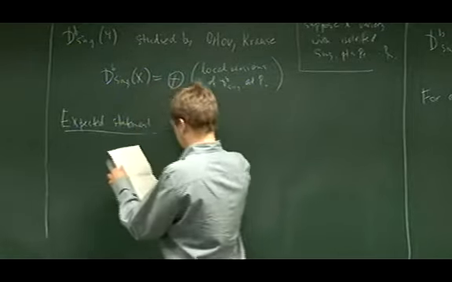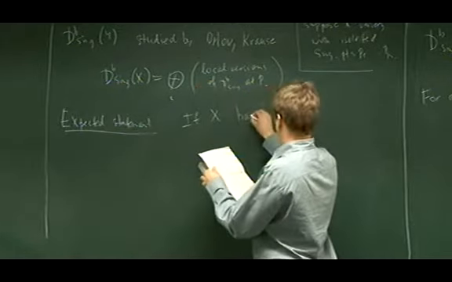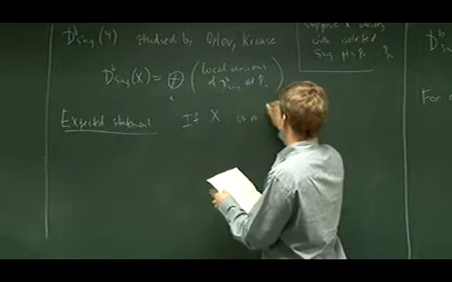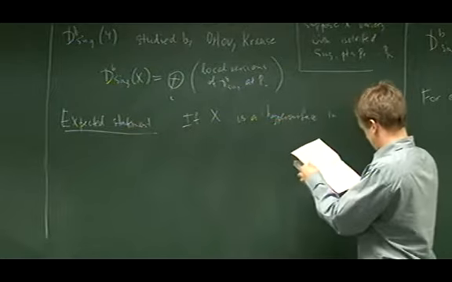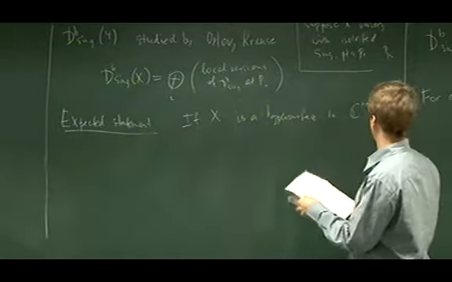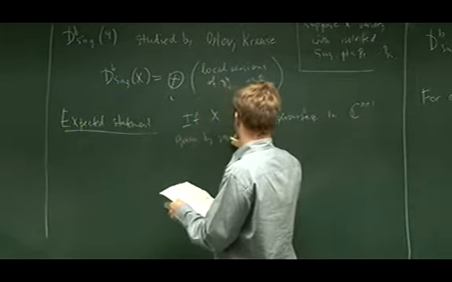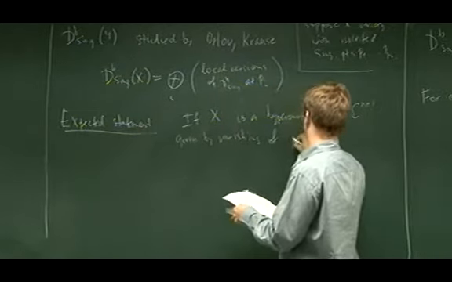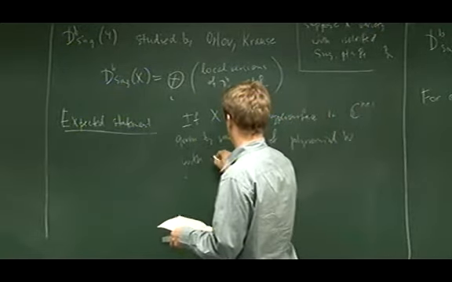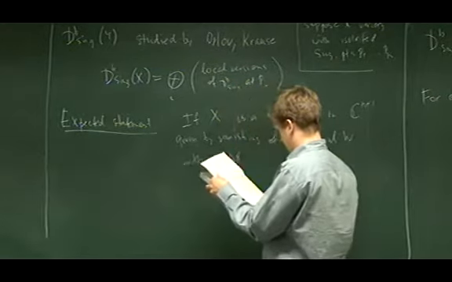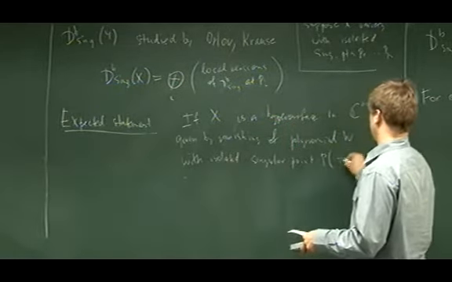Say X is a hypersurface in, let's say, C^{n+1}, given by the vanishing of a polynomial W with an isolated singular point P, which we assume to be the origin.